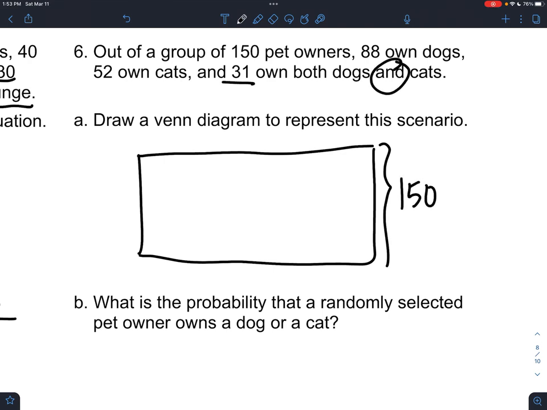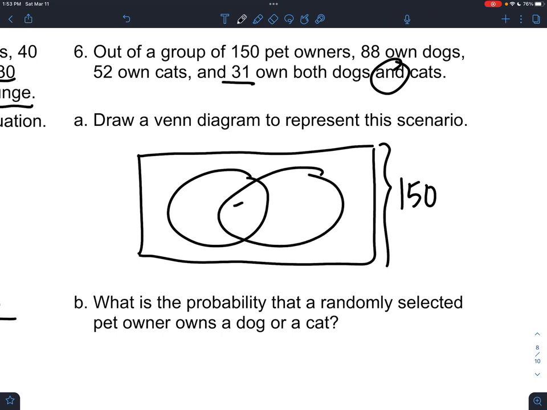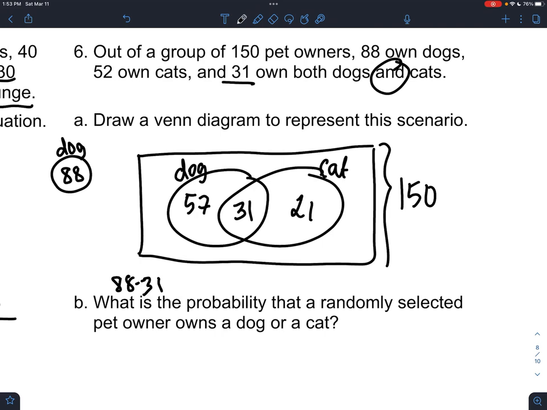Okay. And pet owners, always look for the and first, and that's going to be the middle of your Venn diagram. And then you can do subtraction to figure out the rest. So if the dog bubble has to be 88, but we've already done 31 of it, if we do 88 minus 31, you get 57.